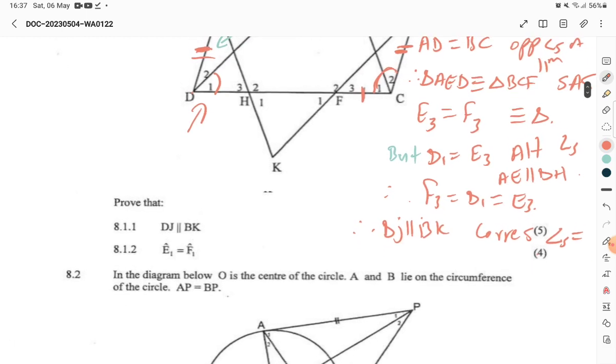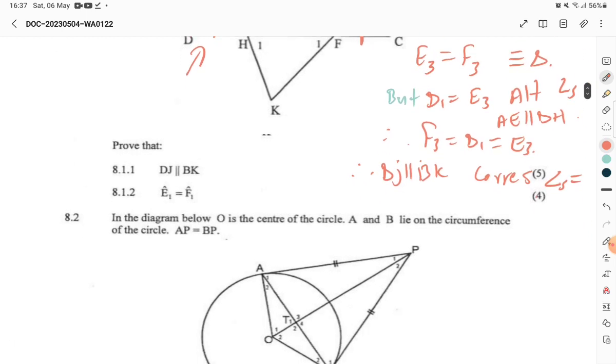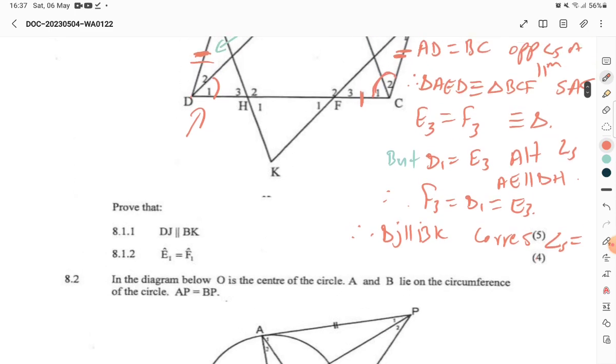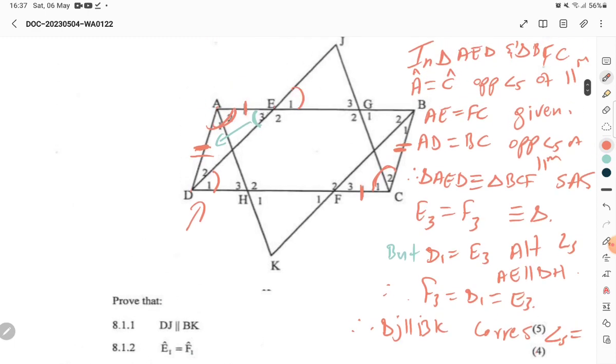So can we then get into the second one, which is 4 marks? We need to prove that E1 is equal to F1. Where is F1? This is F1. So you can see that there isn't much close relationship between these two angles, but we can do our best. So E1, first of all, is equal to E3.